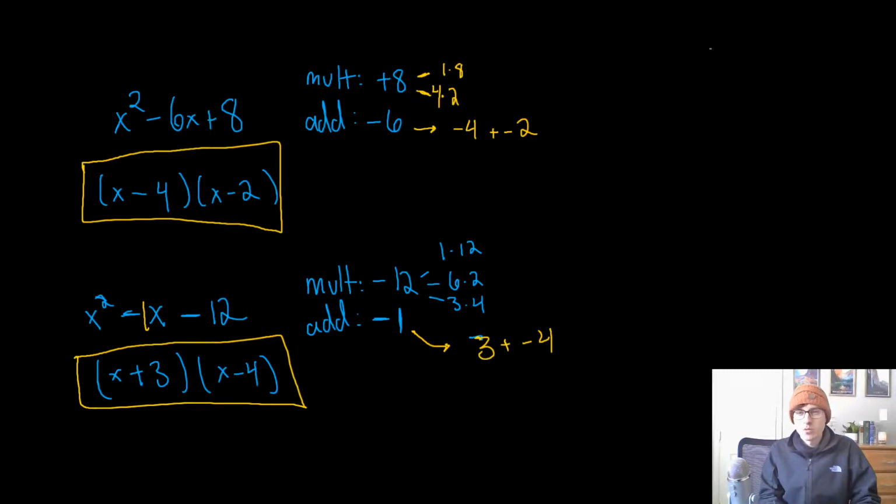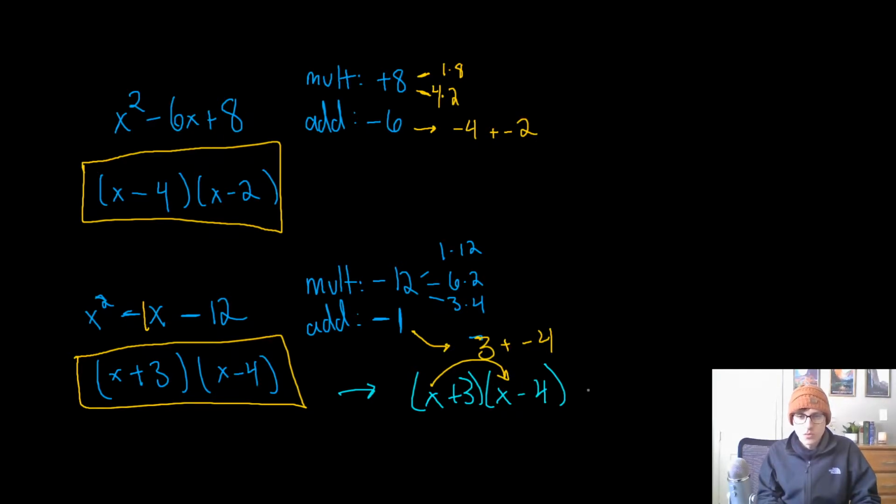And maybe this one is worth checking a little bit more in depth. So if I were to check it, x plus 3 times x minus 4. x times x is x squared.